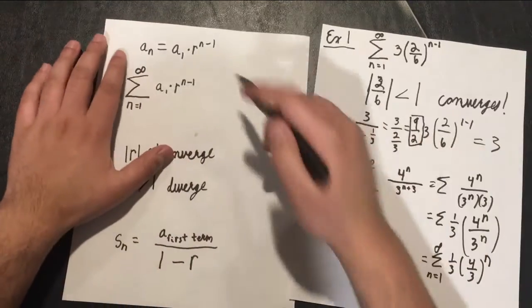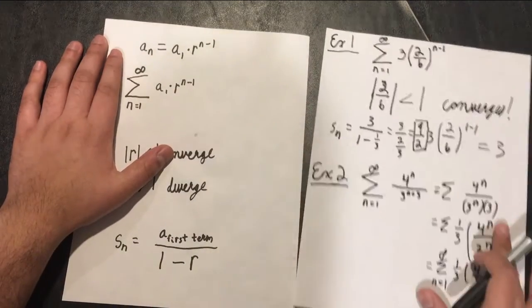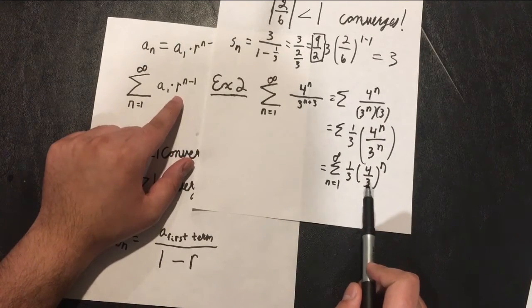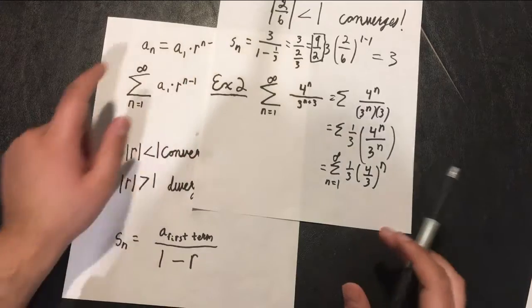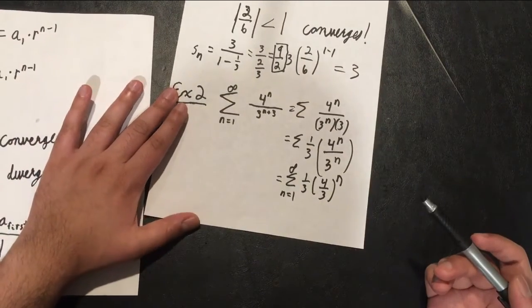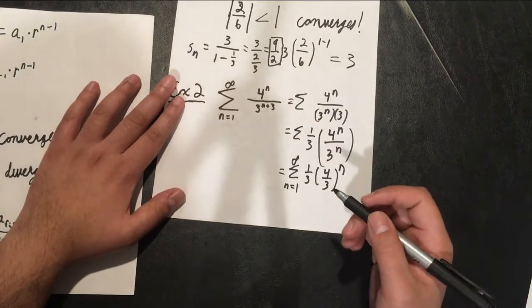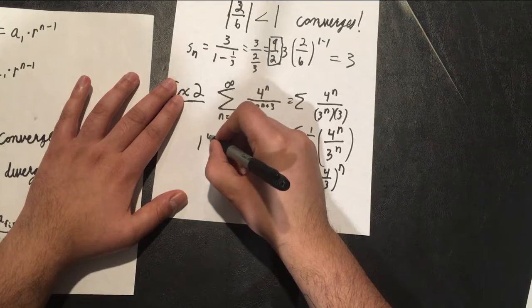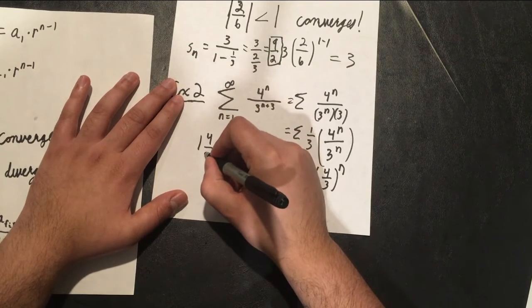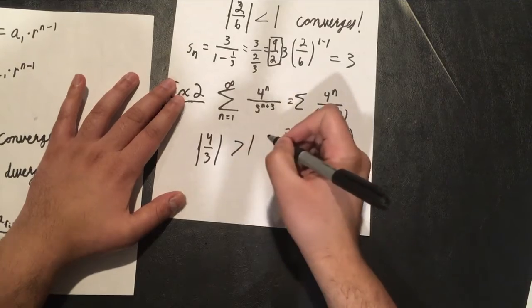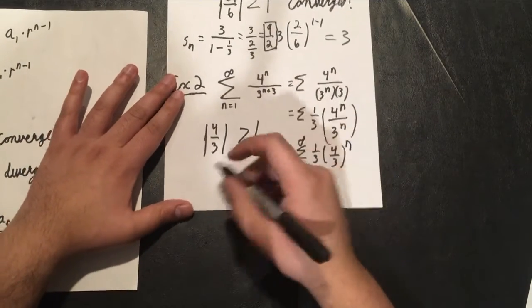We have a constant term multiplied by a constant raised to some exponent with a variable in it. So now we just check, what's the common ratio, right? What's the actual rate? It changes at 4/3. The absolute value of 4/3 happens to be greater than 1, meaning this series diverges.